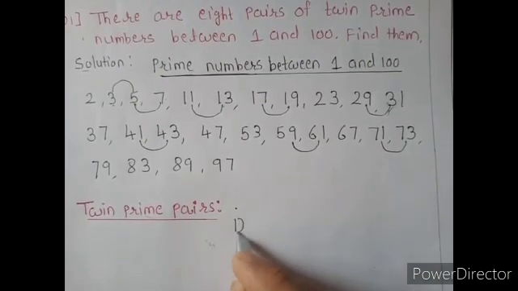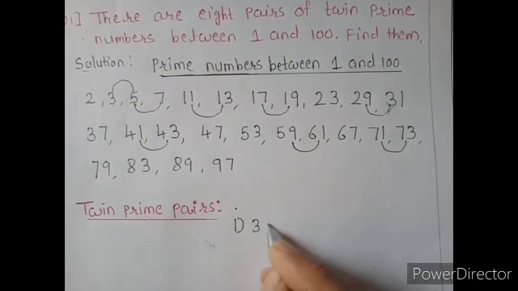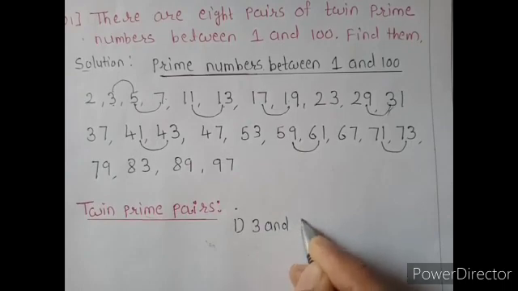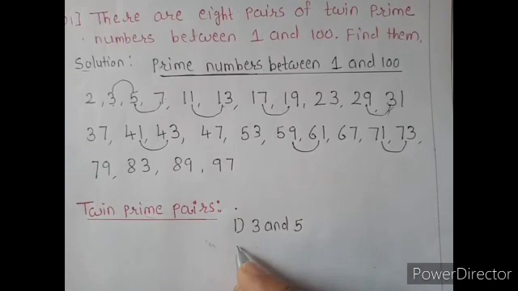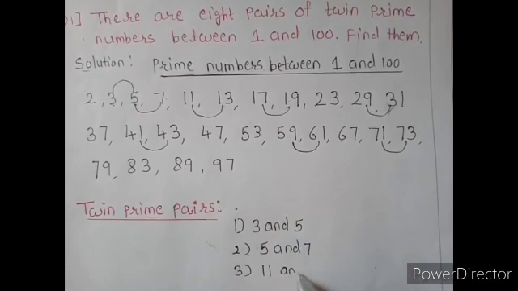First pair is 3 and 5. Second pair is 5 and 7. Third pair is 11 and 13.